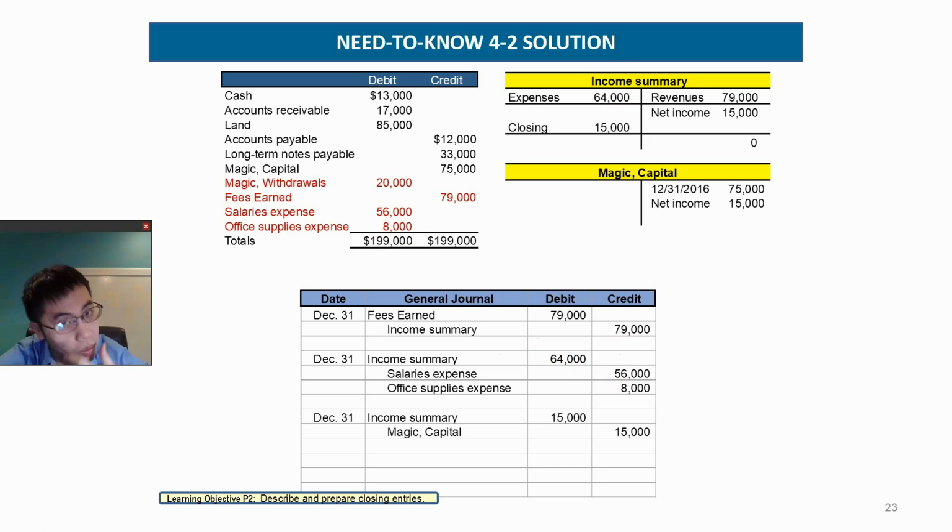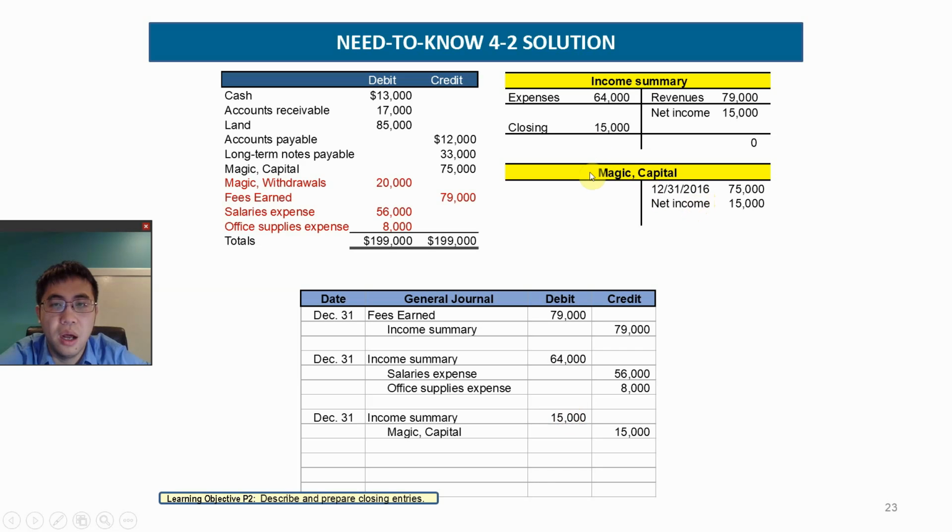And then you will need to calculate the net income right here, which is revenue minus expenses. And then you also need to close this income summary. So once you have a credit of net income, you put a debit right here to make sure it drops down to zero. By doing that, you are making this income summary drop by $15,000, so it will be recorded here.